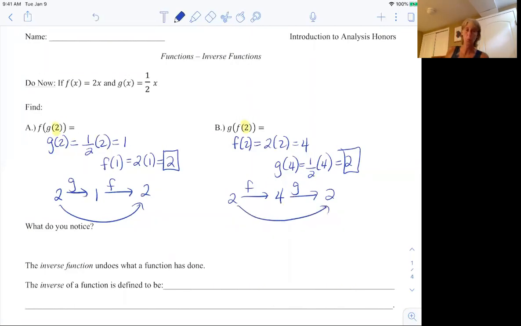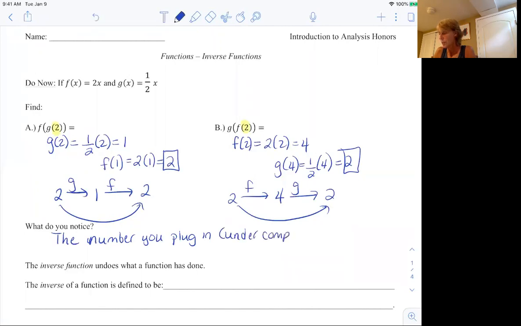Okay. So basically, something we could notice here is sometimes in some situations, the number you plug in under composition is the number you get out.